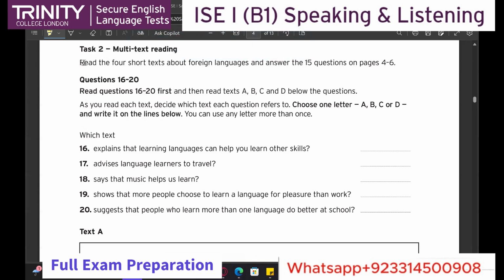Read the questions 16 to 20 first and then read text A, B, C, and D below the questions. As you read each text, decide which text each question refers to. Choose one letter A, B, C, or D and write it on the lines below. You can use any letter more than once.